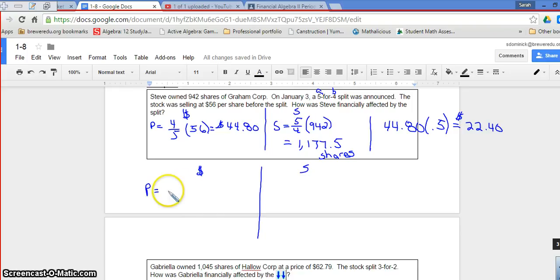Remember, for your price, it's B over A, so this will be 2 over 3 times the money, which was $62.79. And you should get a price of $41.86.